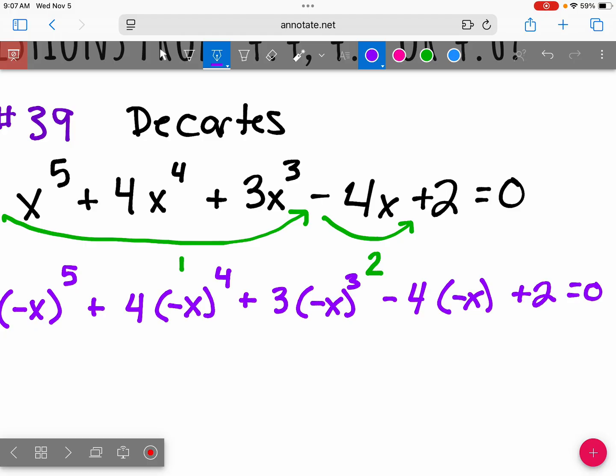As we simplify these, anything that has an even degree, the sign's not going to change. Because if I have minus x times minus x, the negative signs cancel out. If we have an odd degree term, then it will have the sign change.